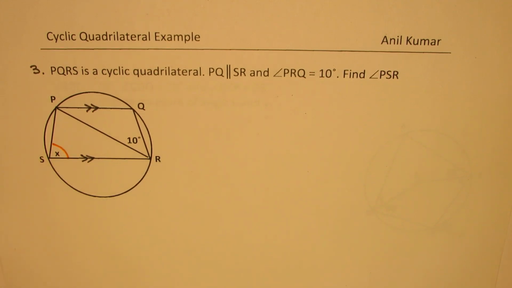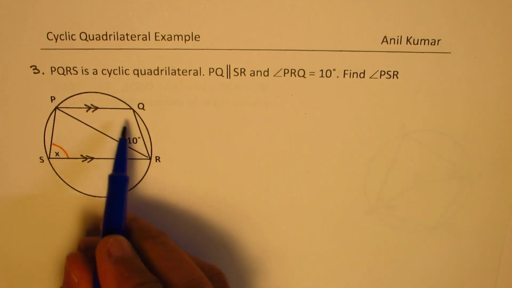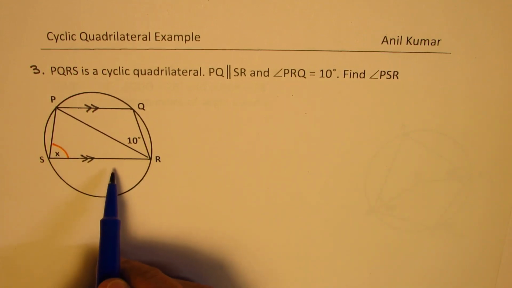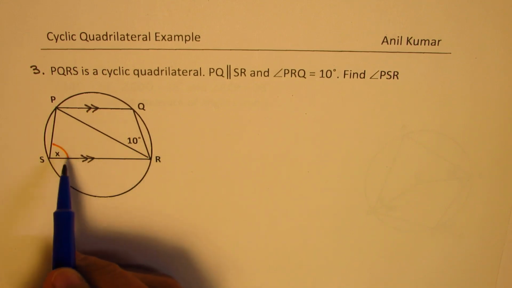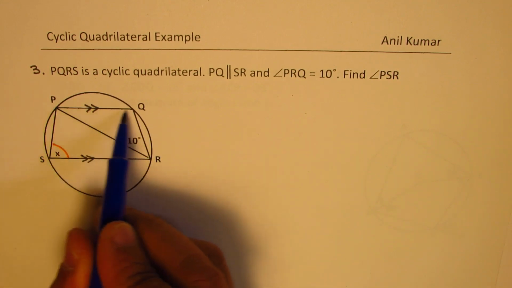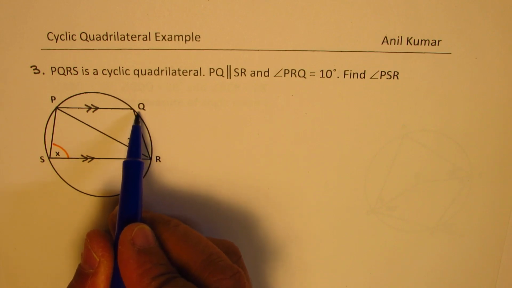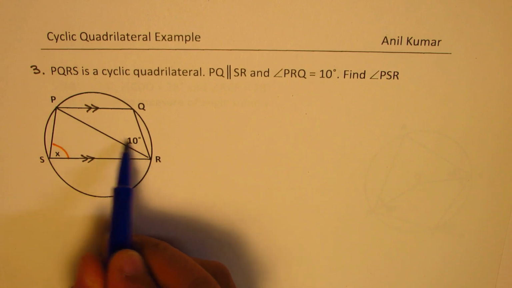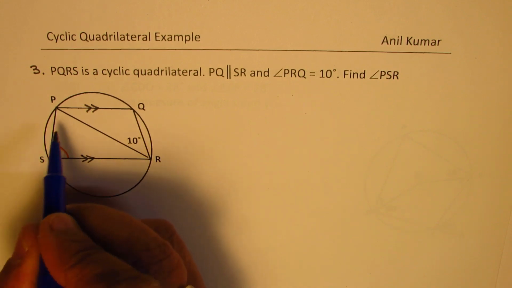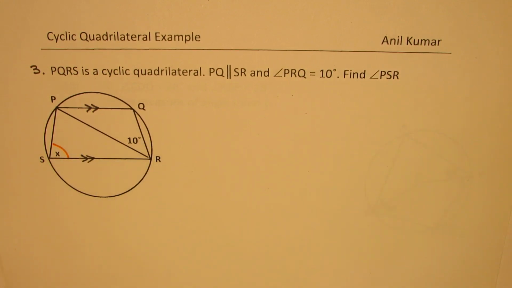Okay, now since we are given parallel sides, we can always look into the Z pattern, right? So Z patterns help us to find the angle. So if you see the Z pattern, we get that this angle here is equal to that side, right? Interior opposite angles, correct?